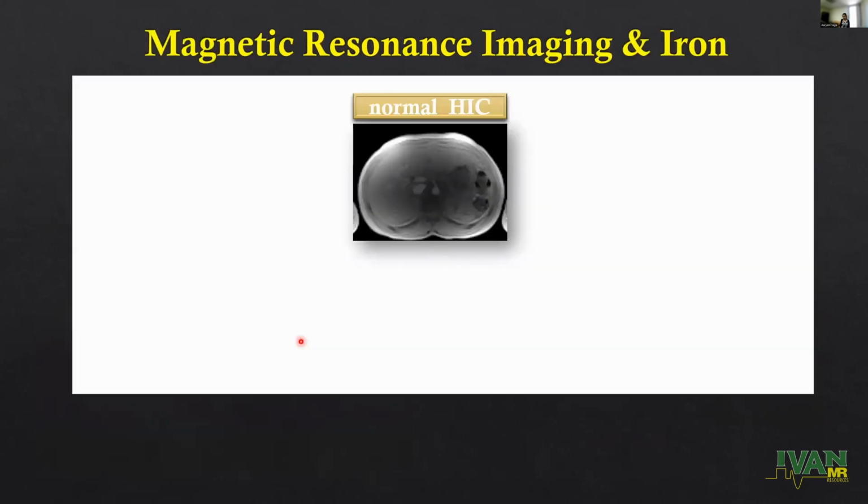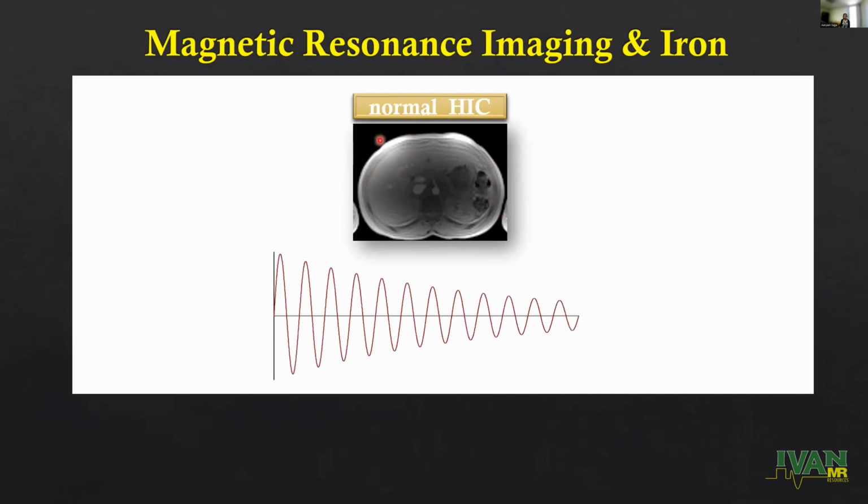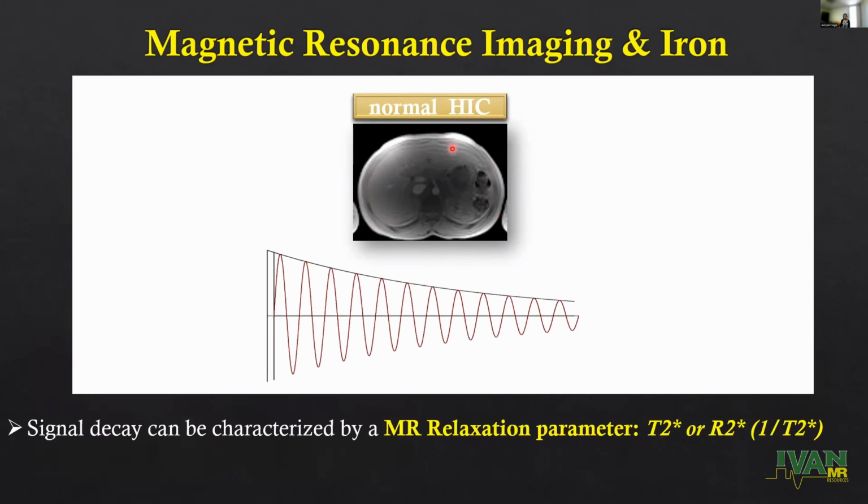So how can we use MRI to actually quantify iron? This is a patient with normal HIC, which is hepatic iron content. I'll use these abbreviations. If you see the signal decay in a patient with normal HIC, it looks like this. This is an FID signal, which you acquire in NMR.